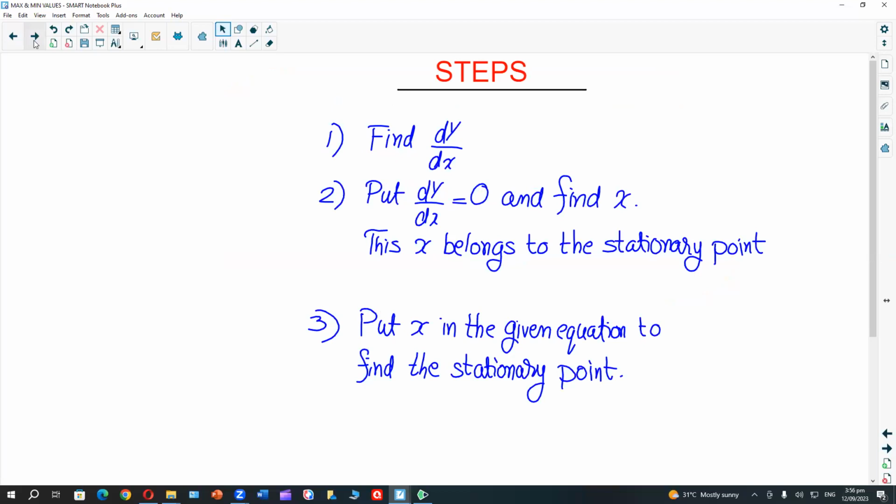Now, let's make the steps. Number 1, find dy upon dx. Step number 2, dy upon dx equal to 0 and find x. The x will belong to the stationary point. Put x in the given equation to find the stationary point.